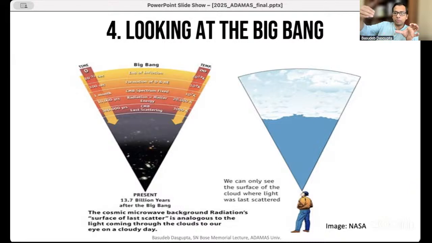All the photons from behind that region are getting scattered and absorbed by the charged ions and the electrons that are in their neighborhood. Only once the universe expanded and cooled down enough that the universe became neutral, the electrons and the protons combined to form neutral hydrogen, only then do photons start coming to us without having significant absorption and scattering.